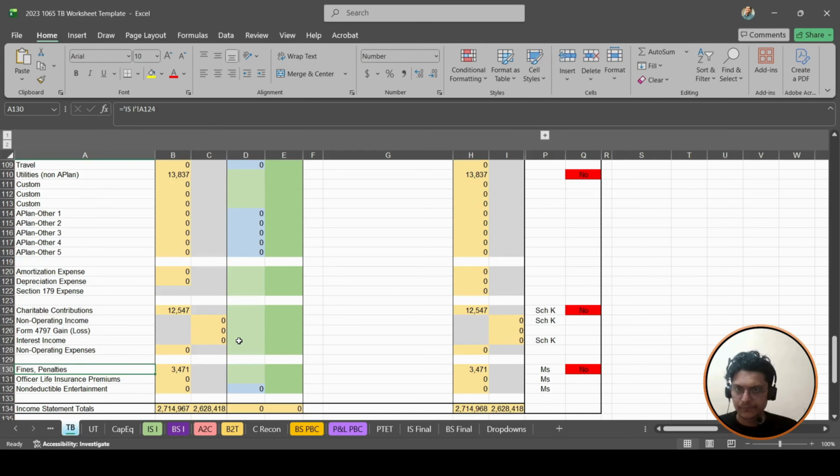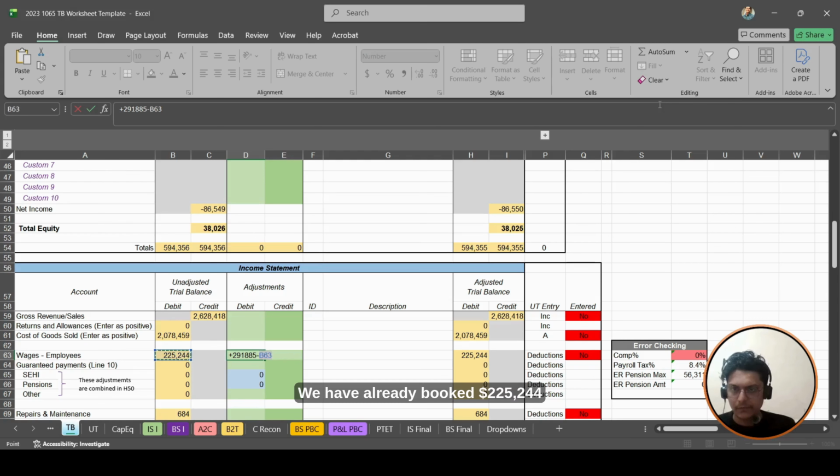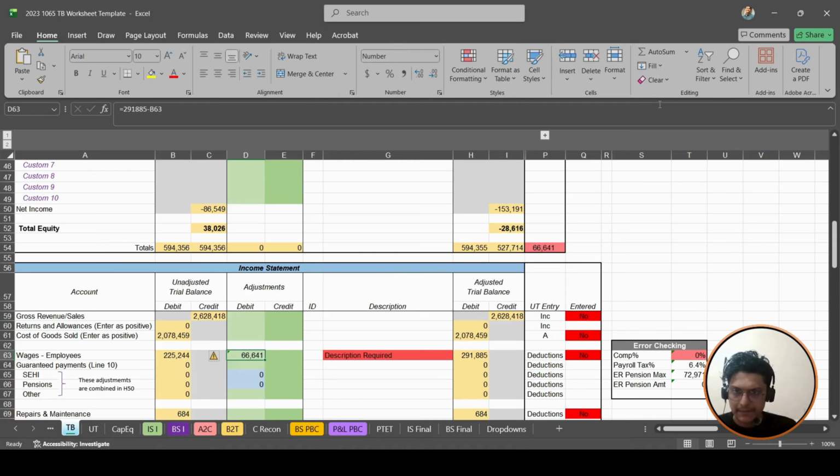Coming to the adjustment, we have wages here. As per 291,885, we have already booked 225,244, so 66,641.